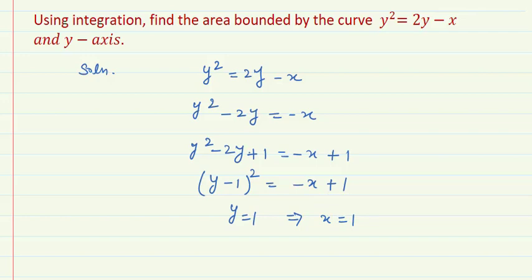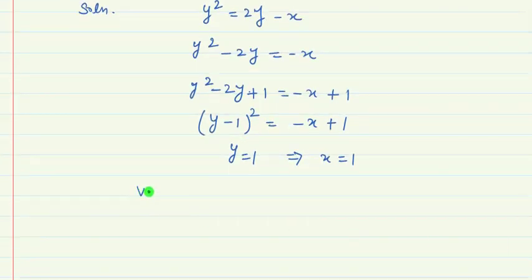So therefore the turning point, or we can say the vertex, we can call turning point vertex also, the vertex of the parabola is 1, 1. You may say turning point or vertex. Both the terms are correct for it. The second point is whether it will open in the negative direction or positive direction. So clearly here the sign is positive in front of y minus 1 whole square and the sign in front of x is negative.